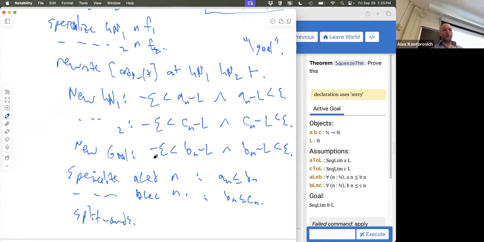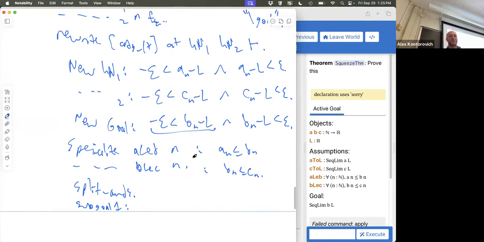And now we'll have one goal is this. Why is this true? So sub-goal 1 is the left-hand side. Why is that true? And yeah, A less than or equal to B. That'll close sub-goal 1.